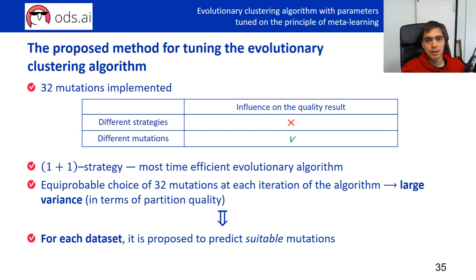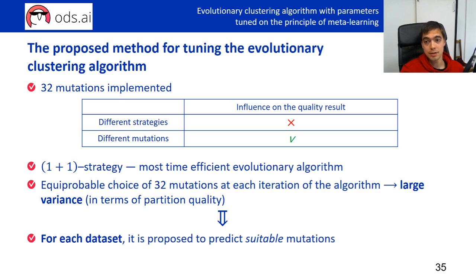Next, let's consider the suggested tuning method. In our work, we implemented 32 mutations, and after some experiments, we found out that the final quality of the resulting partitions is due only to the choice of mutations at each iteration, but not the strategies.